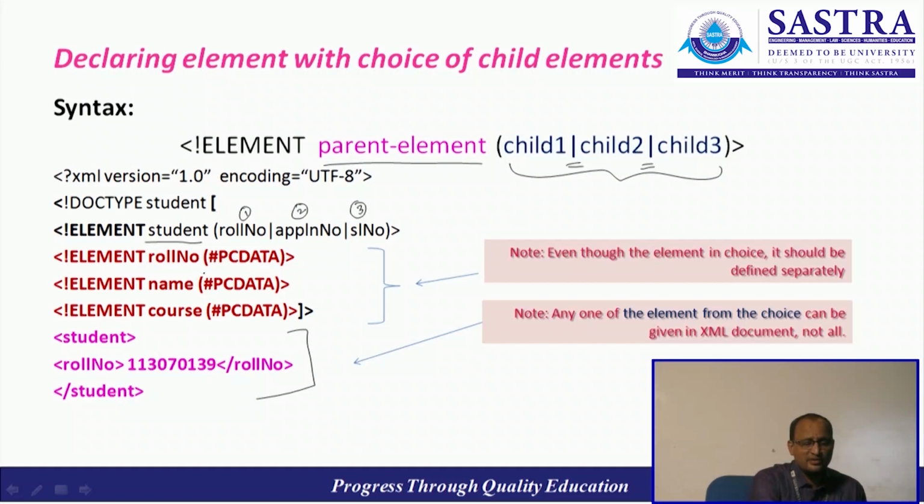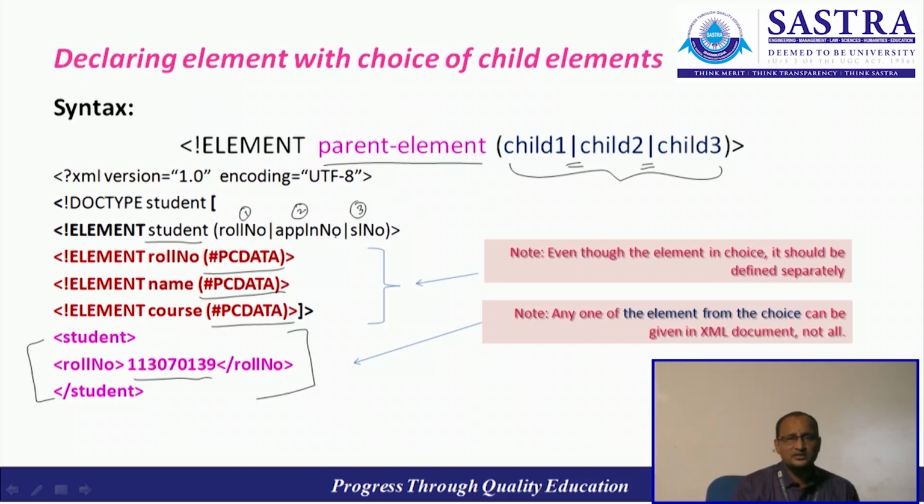Roll number has been defined as #PCDATA. That is, roll number can hold text, name can hold text, course element can hold text. Look at this example XML document in which the roll number has text. I have given only roll number as a child. I have not given all 3 elements.